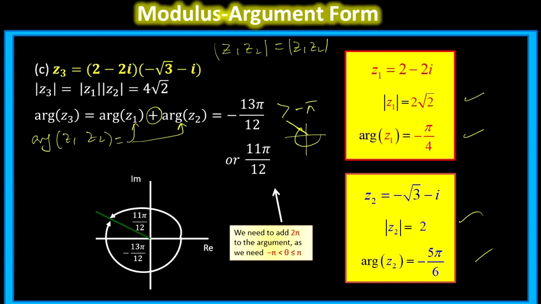So if I add 2 pi to this, it means I want to move anti-clockwise. Please pay attention. Negative 13 pi by 12 adding 2 pi: 12 times 2 is 24, minus 13, you get 11. You got the idea? If you are in the first and second quadrant, take the angle anti-clockwise. If you're in the third and fourth quadrant, take the angle clockwise. Please note down this.